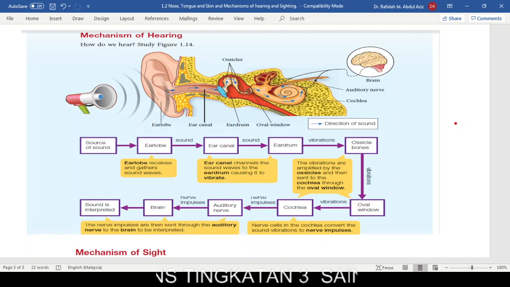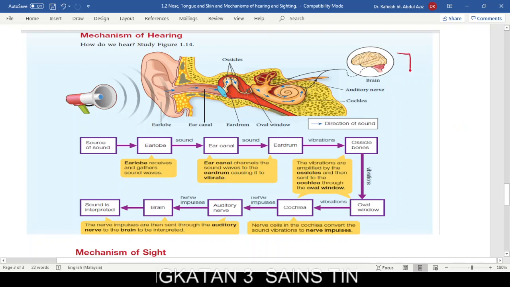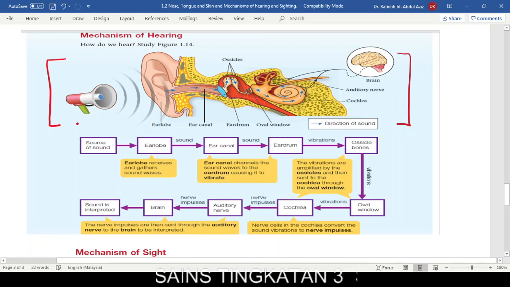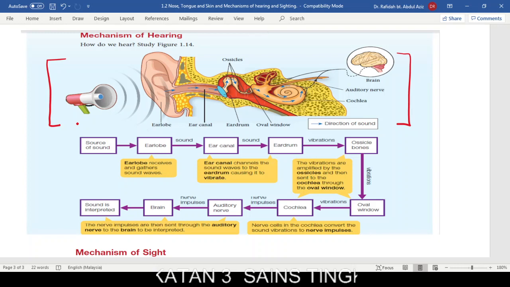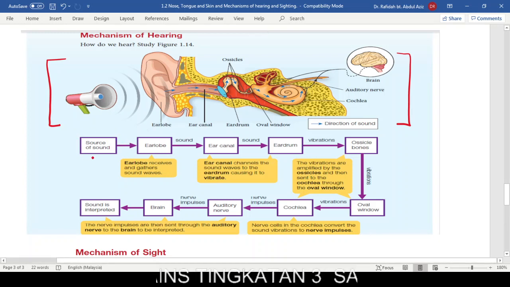Based on the structure of the ears that we have discussed, every part of the ears has its own function, and this is the mechanism of hearing. The first step: when a sound is produced, our ears, through the earlobe, will detect, receive, and gather the sound waves.